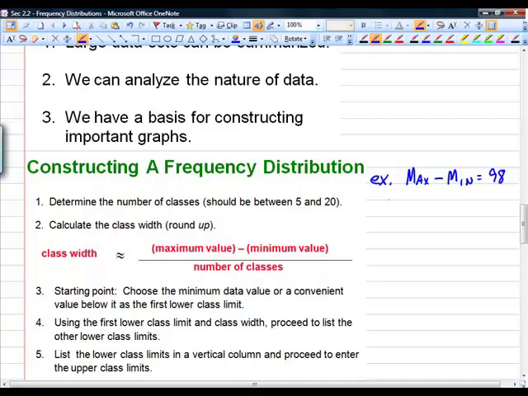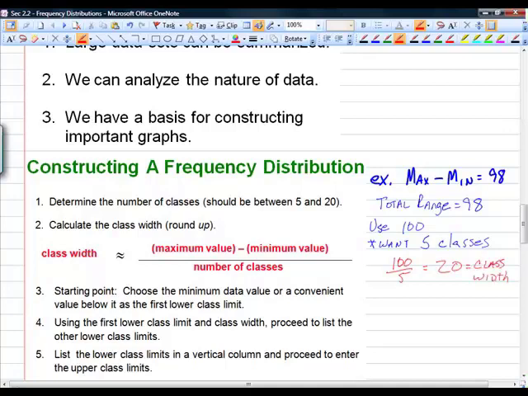Then the total range is 98. Let's use a range of 100, that's rounding up. And if we want 5 classes, then we take 100 and divide it by 5, and that means we're going to end up with a class width of 20.